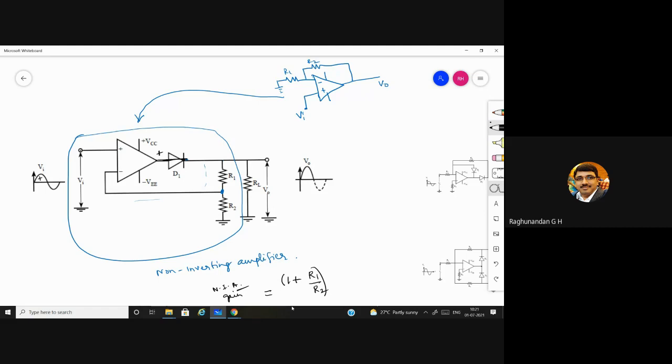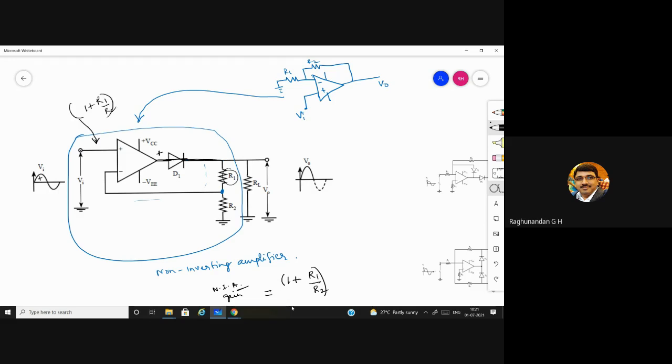When the diode gets forward biased, this is going to act as a short circuit. Along with that, because of the presence of R1, R2, this acts as feedback. R1 acts as a feedback resistance and R2 acts as an input to the inverting terminal. Because of these two, this op-amp will add a gain of 1 plus R1 by R2 to the given input signal.